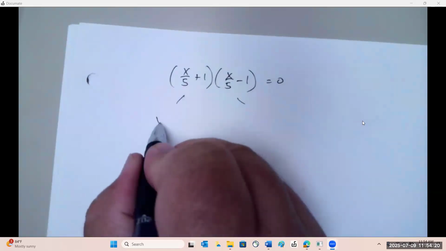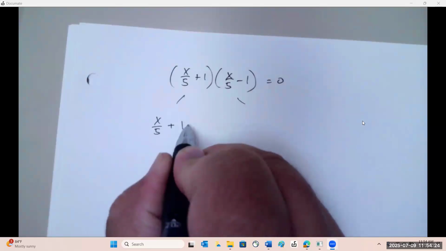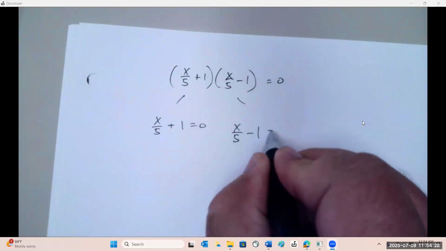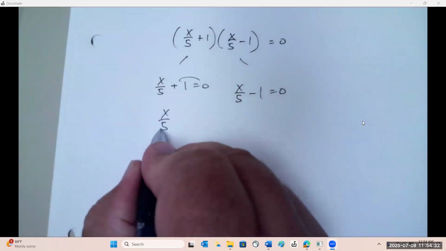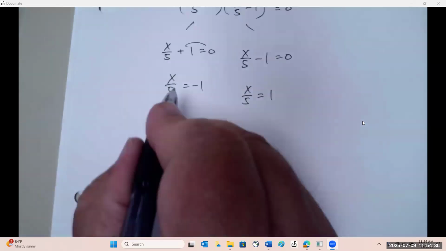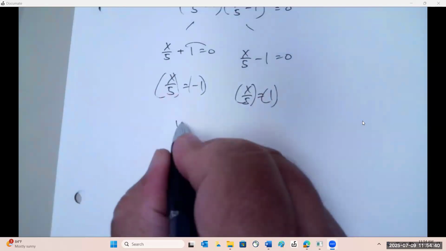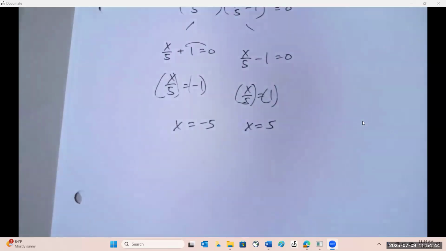Set these equal to 0. So we have x over 5 equals -1, x over 5 equals +1. Multiply both sides by 5. x equals -5, x equals 5, which is what we said our x-intercepts were.